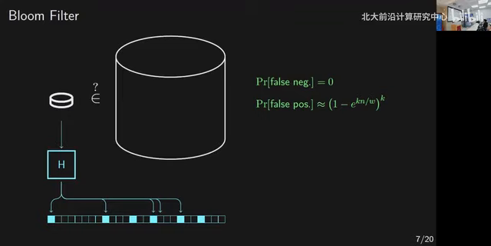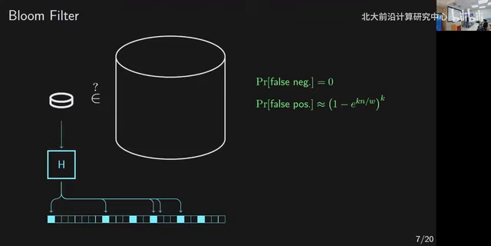It's not Euler's constant because Euler's constant is something else, but you have pi and e, one of those two constants. Right? k is the number of hash functions, n is the number of members in the database, and w is the number of bits in the array.